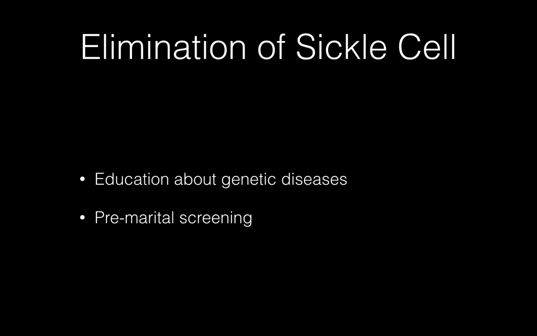Like Saudi Arabia now, any couple who want to get married and get a marriage certificate cannot do that until they screen themselves for genetic diseases, including sickle cell. So they both have an idea of the consequences related to their offspring in the future.